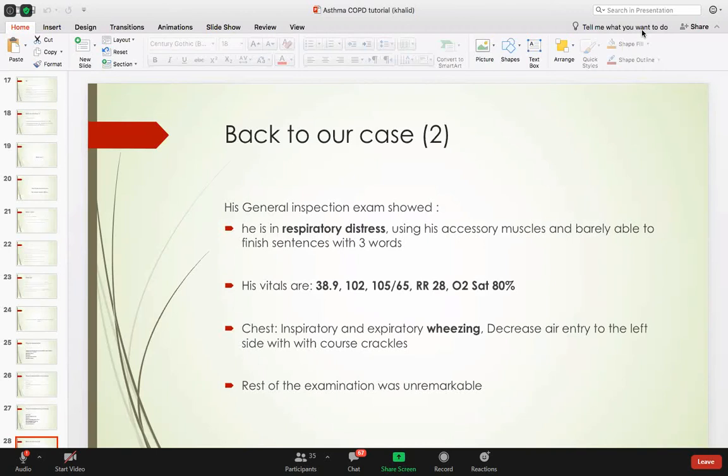His blood pressure is 105/65, he is having hypotension. His respiratory rate is 28, he is tachypneic. His saturation is 80%, he is hypoxic. His chest examination showed inspiratory and expiratory wheezing, decreased air entry on the left side with coarse crackles. The rest of the examination was unremarkable, but there are a lot of red flags in this guy's physical examination, okay?